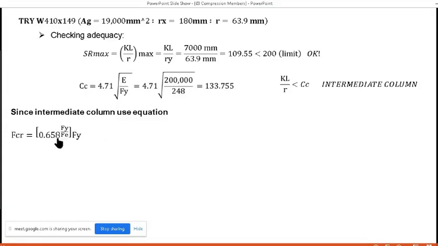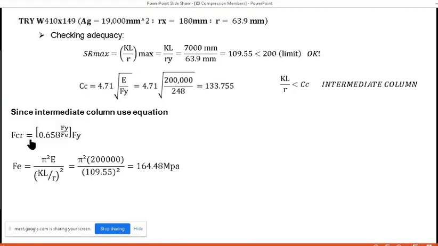Okay? So we need to first solve yung FE natin before solving our FCR. Solving our FE, our value now is equal to 164.48. Yan yung FE natin. So, etong susunod na solution natin is actually analysis na ito that is given to you last week.